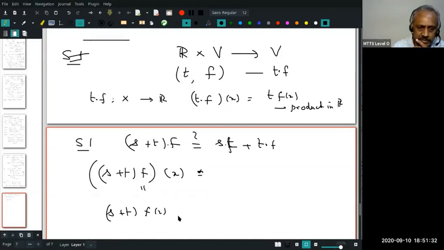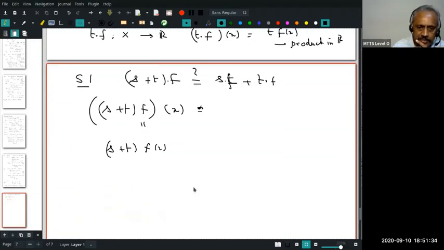You understand this? Now, notice that s is a real number, t is a real number, fx is a real number. Therefore, I know in real numbers the distributive law holds. Therefore, this is s times fx, the product of two real numbers, plus t times fx, also a product of two real numbers. Do you understand this? Right.